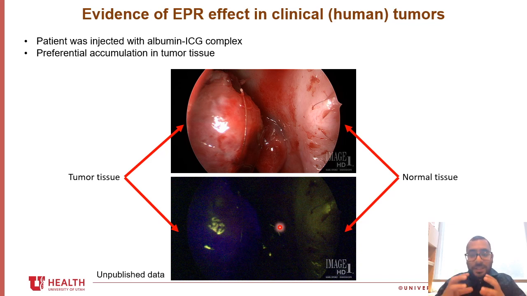So this ICG-albumin complex becomes a nanoparticle by itself of 5 to 9 nanometers in size, and that's why it preferentially extravasates into the tumor by virtue of EPR effect, whereas it does not accumulate in the normal tissue, because it cannot pass through those junctions.